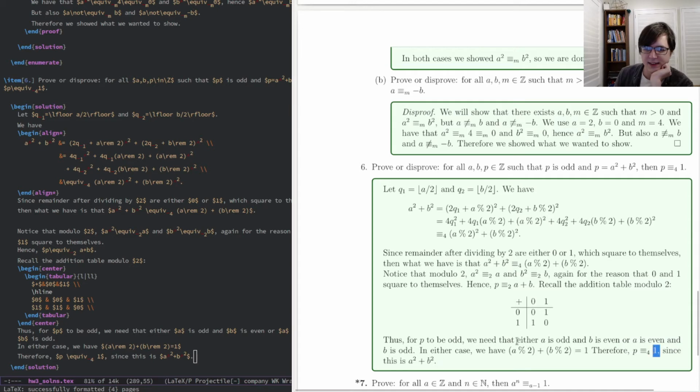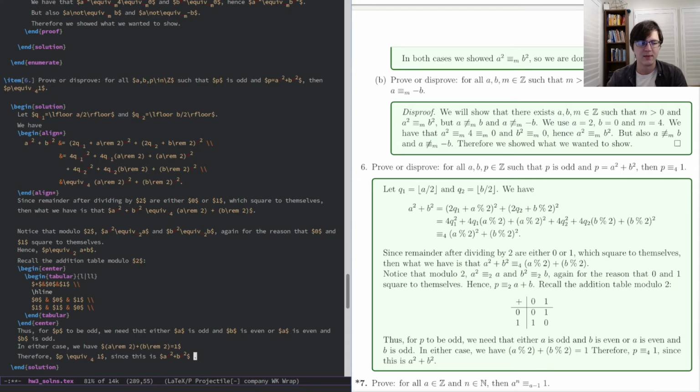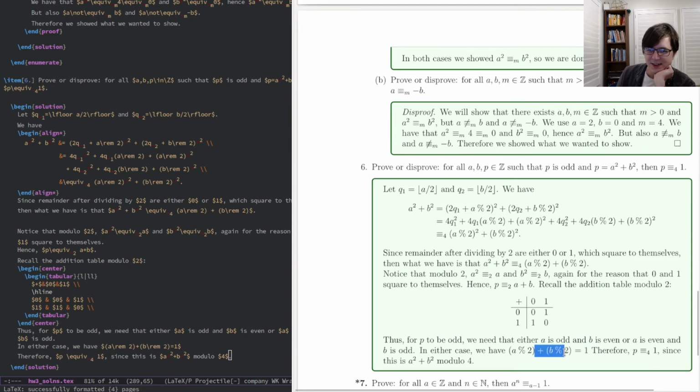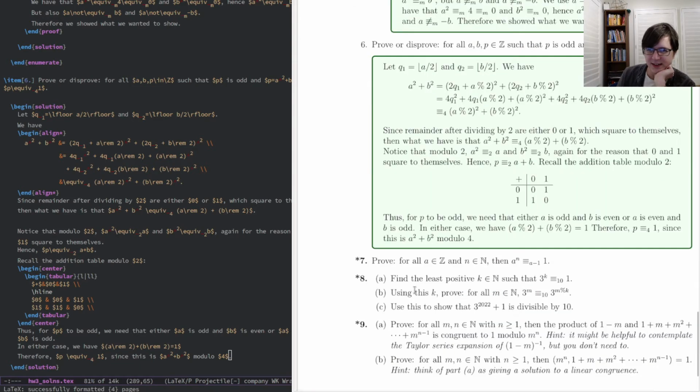So 1, well, it's not literally A squared plus B squared, but we showed that this was A squared plus B squared mod 4, so yeah, everything checks out. I wonder if there's another way to do this part, where you don't have to actually descend into division and all that. But yeah.